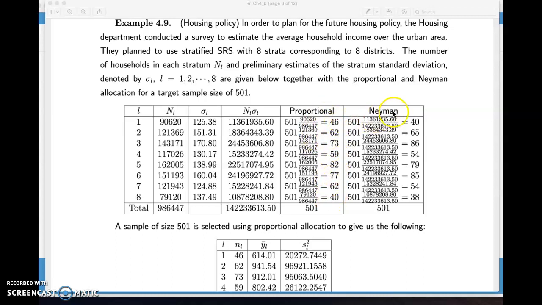Under Neyman allocations, it is also a special case, because this only considers the population size and the variabilities, but not the cost.